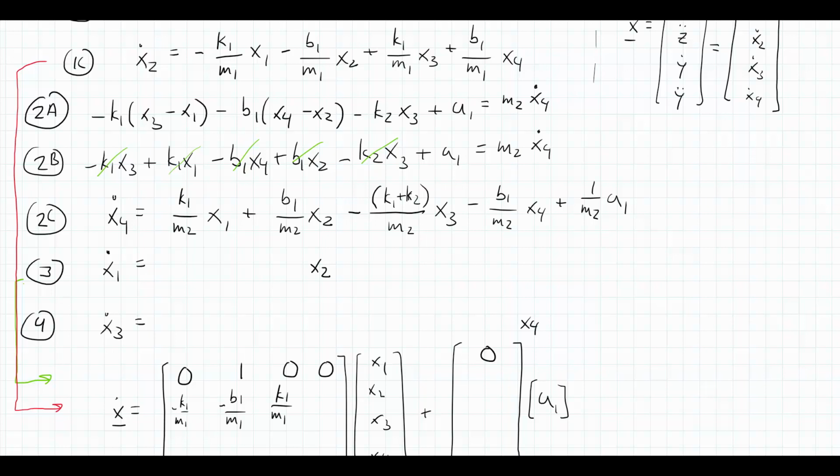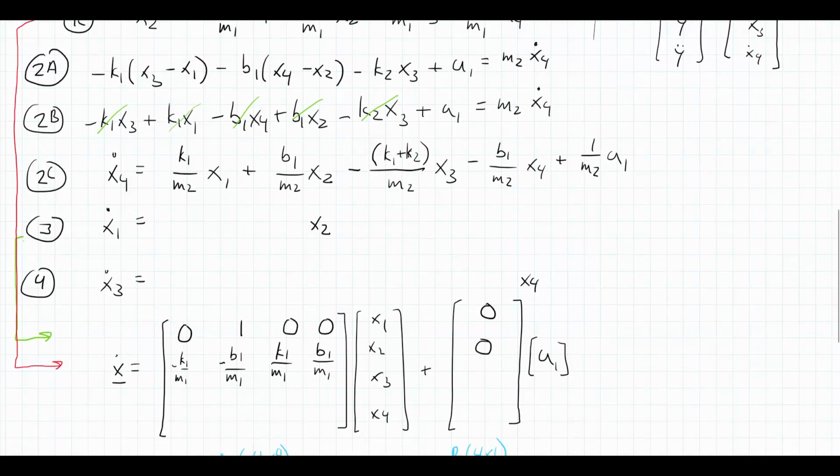I have a positive k1 over m1 for x3, and a positive b1 over m1 for x4. And there's no u, so that will be 0. So that is the second row of the A matrix and the B matrix coming from 1c. Just transcribing 4 scalar equations into 1 matrix equation.